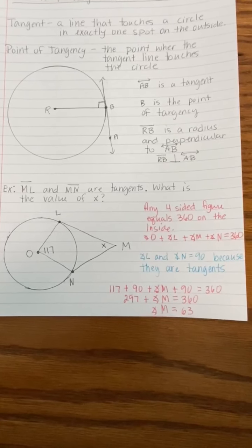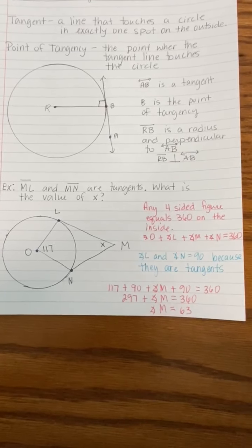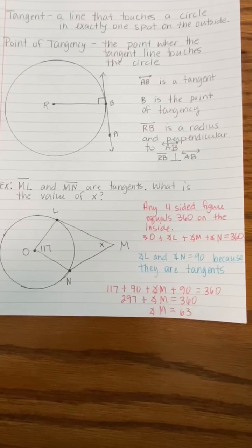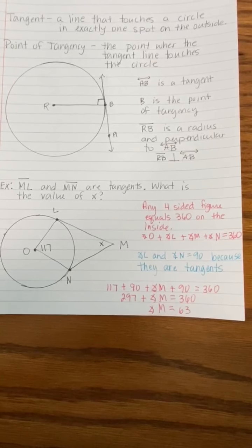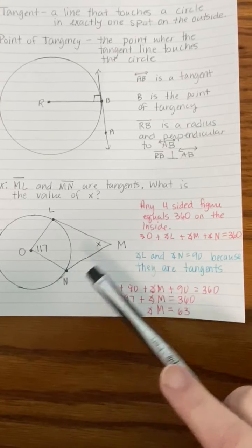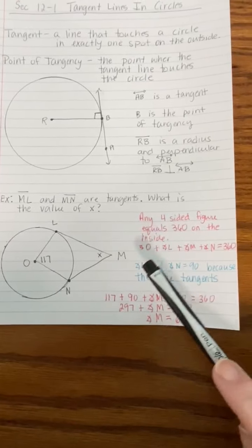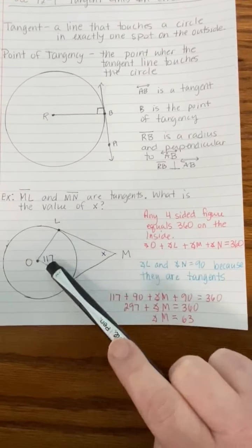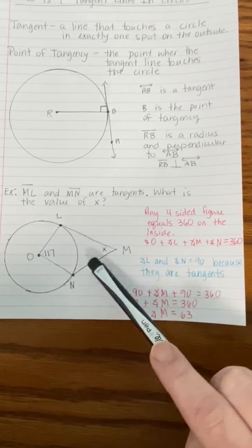Well, first of all, if you know all the angles but one, you can find that missing angle. So I know 3 of them. I'm going to show you in a minute how I know 3 of the 4. I have a 4-sided figure, just a quadrilateral.